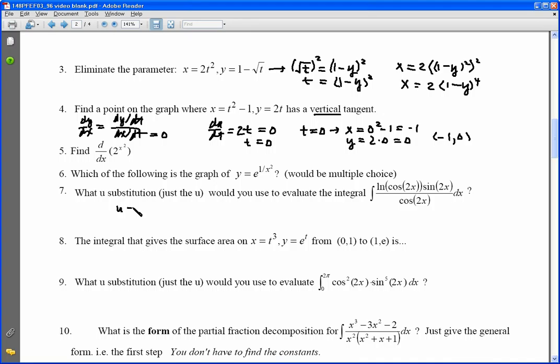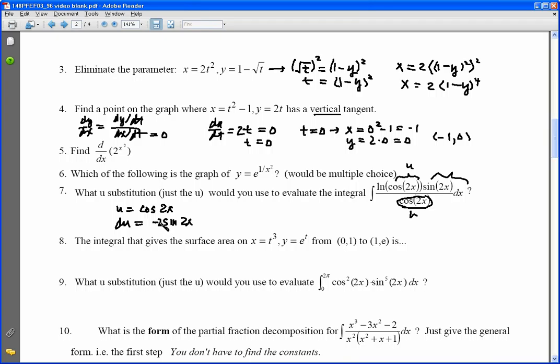So it looks like u equals cosine 2x would work, because then your du would equal the derivative of cosine, which is negative sine 2x, and then times the derivative of the inside, which is 2. So negative 2 sine 2x. So this would be a u down here, this would be a u, and then this would be part of your du.